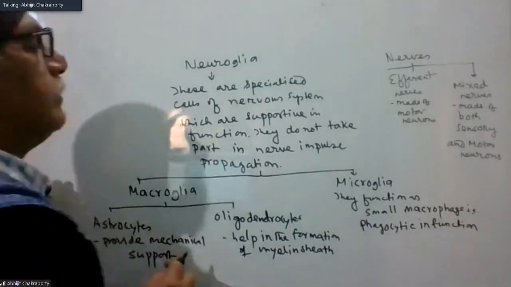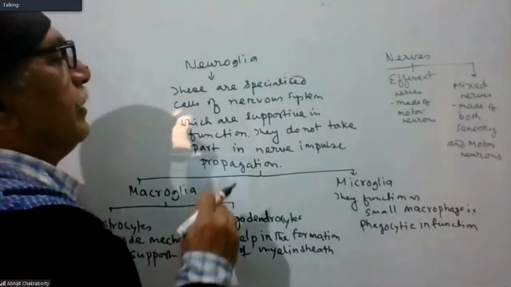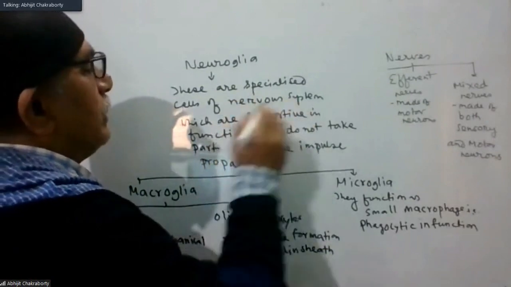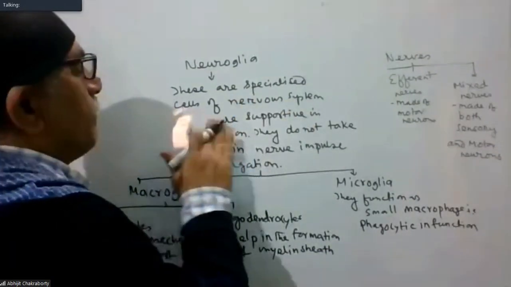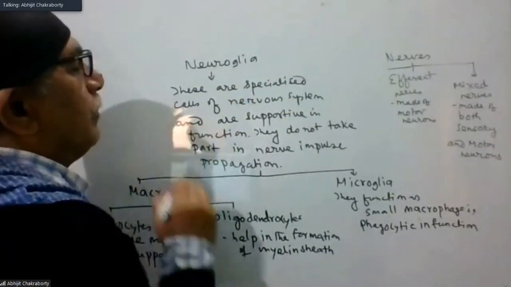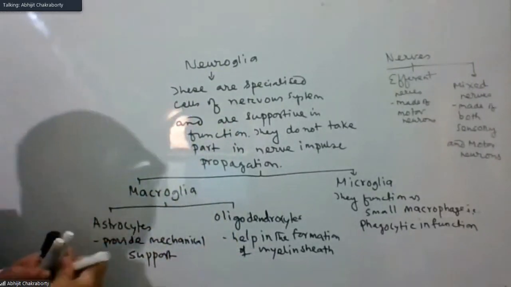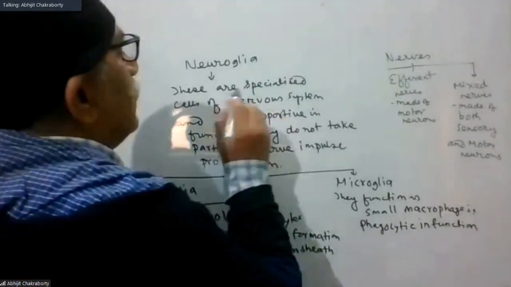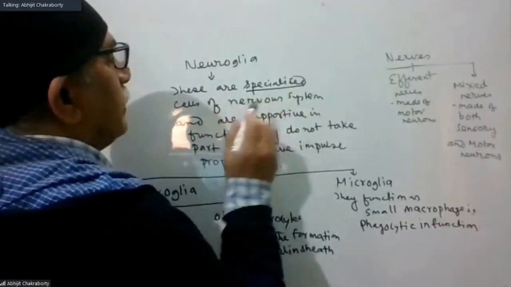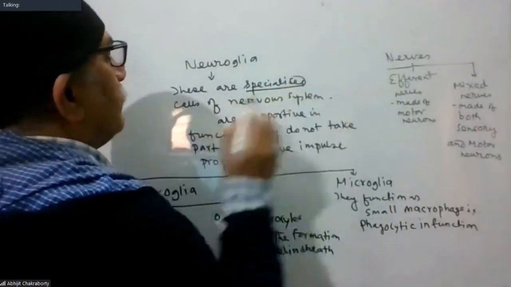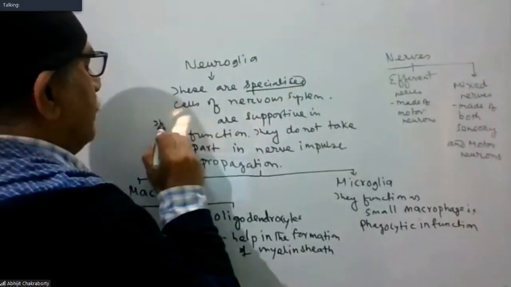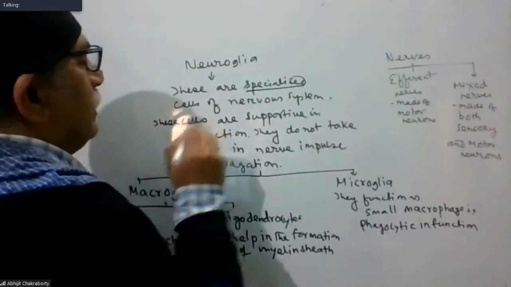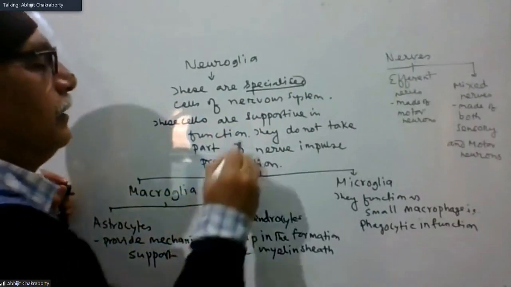These are specialized cells of the nervous system and are supportive in function. You can write like this: specialized cells of the nervous system. These cells are supportive in function.